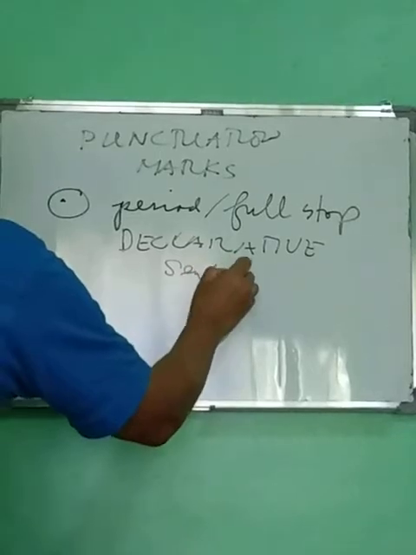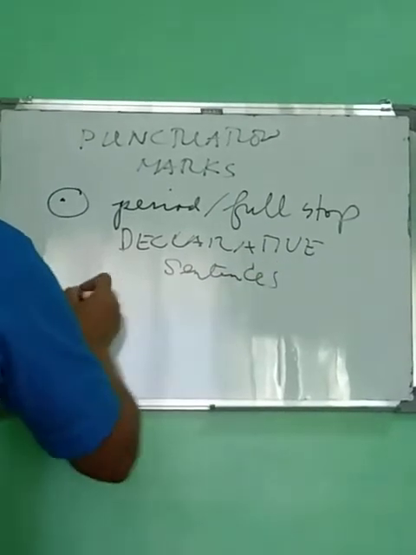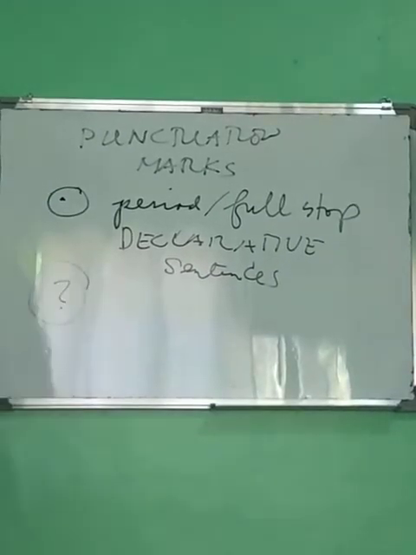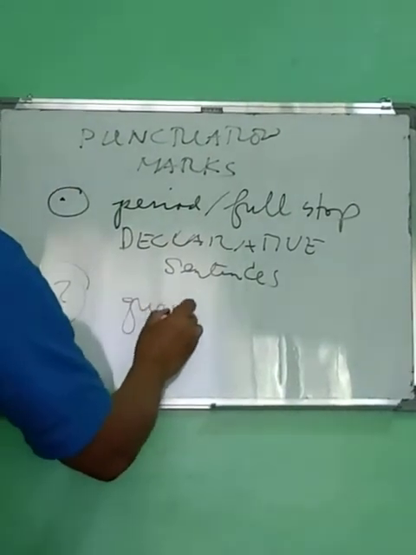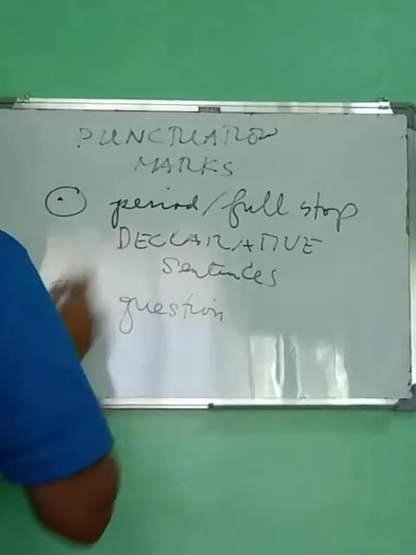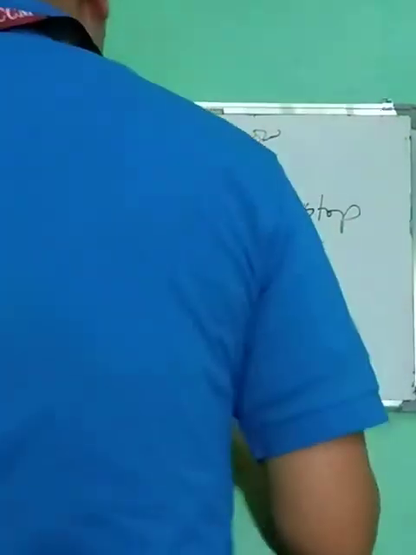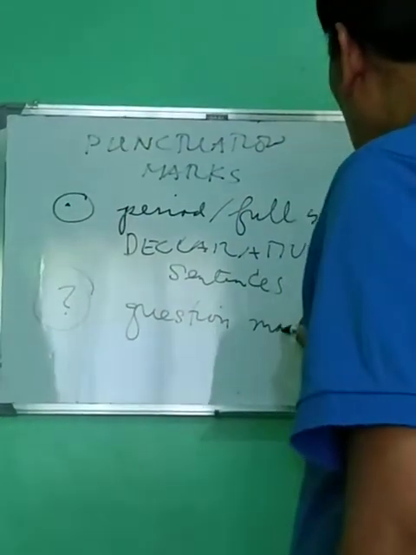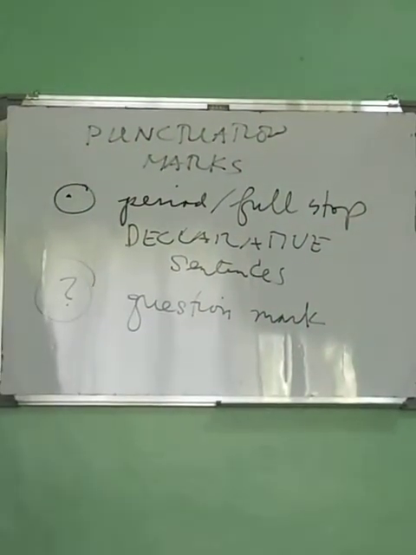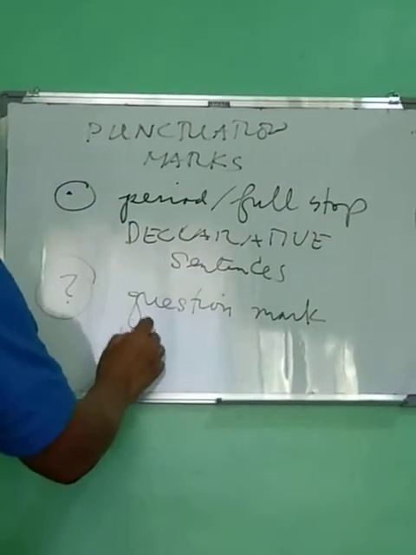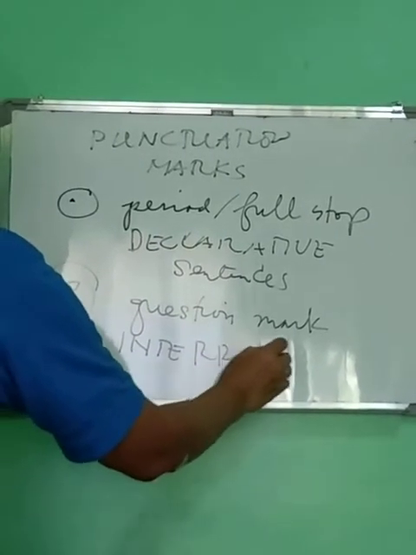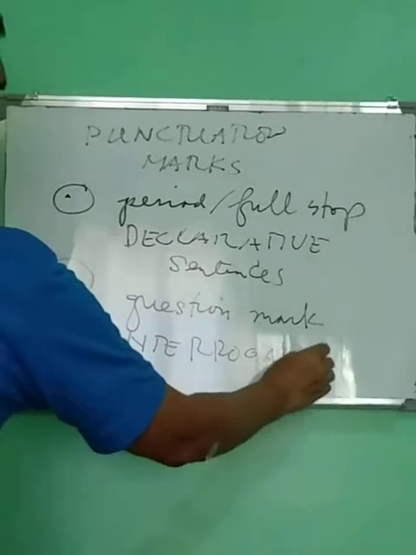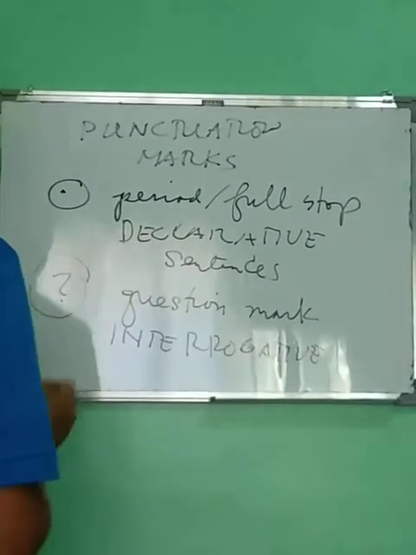And what do we call this? Question mark. These are the common punctuation marks used in sentences. When do you use question marks? Well, when you are creating your interrogative sentences, meaning you are asking.